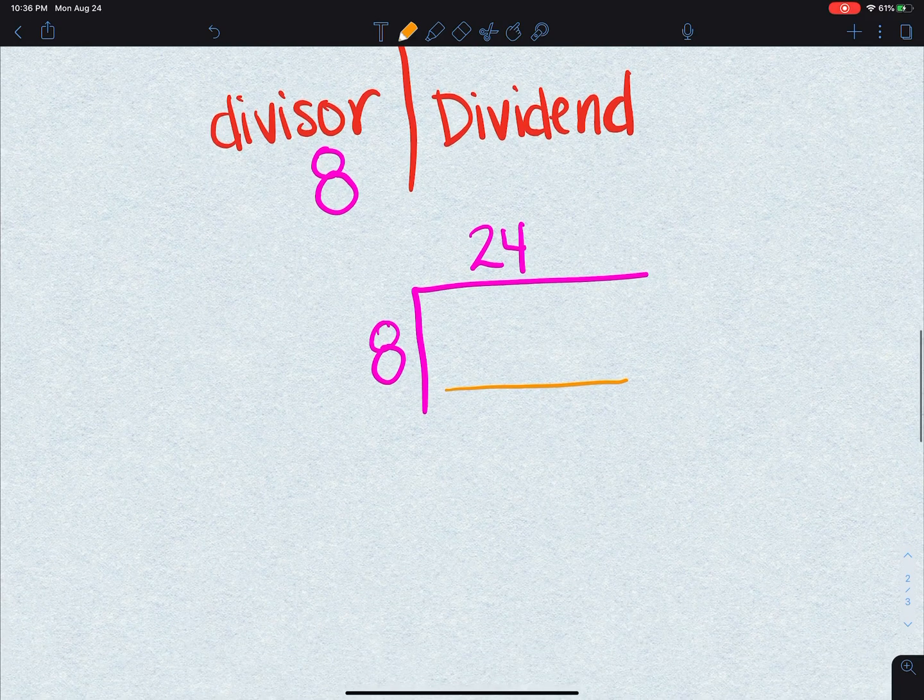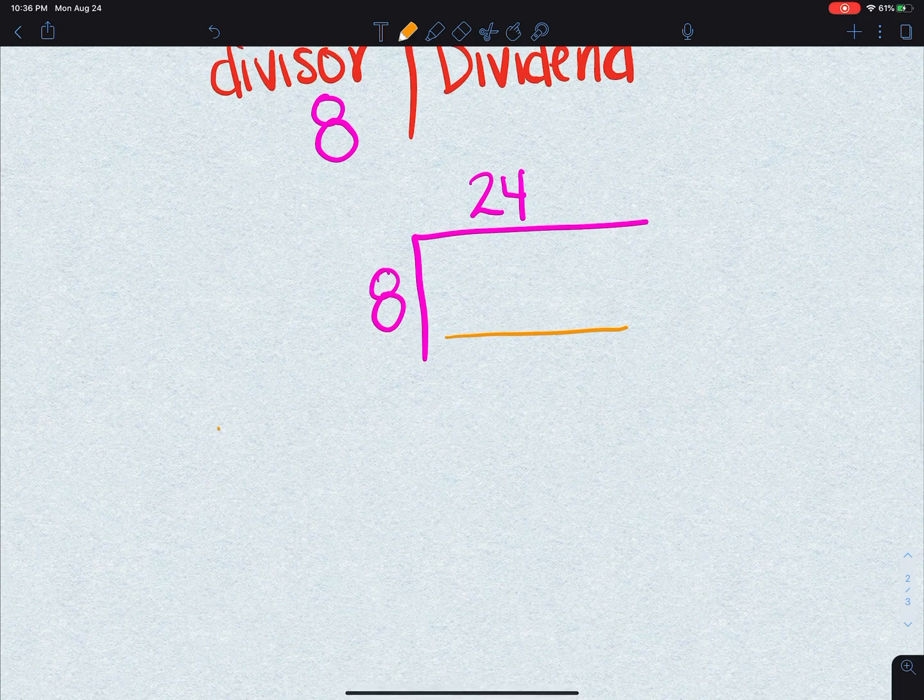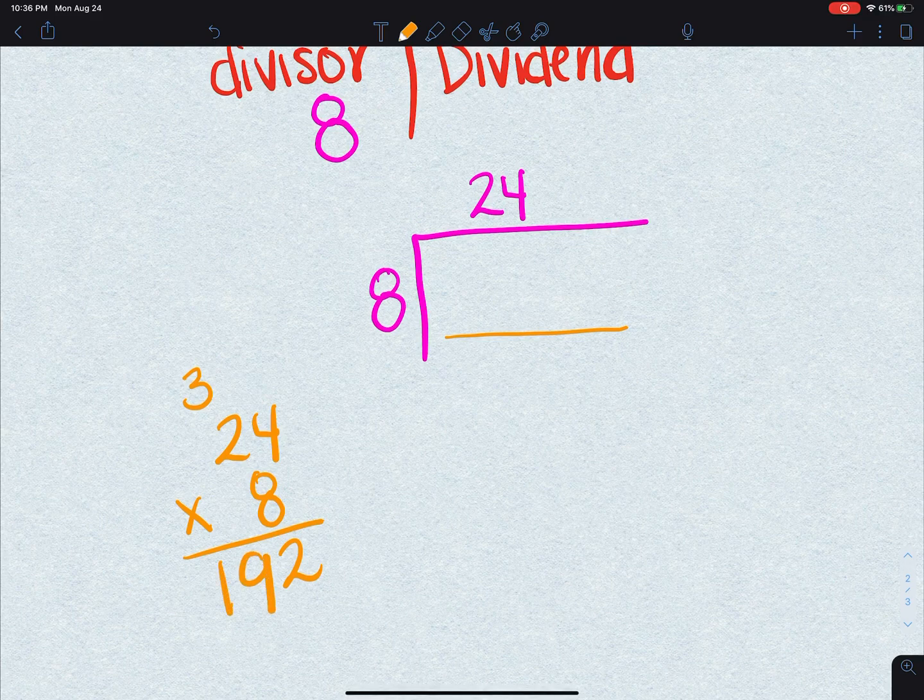And the way to figure that out is to figure out what is 24 times 8. Okay, so 8 times 4 is 32. 8 times 2 is 16 plus 3, 17, 18, 19. So it's 192.